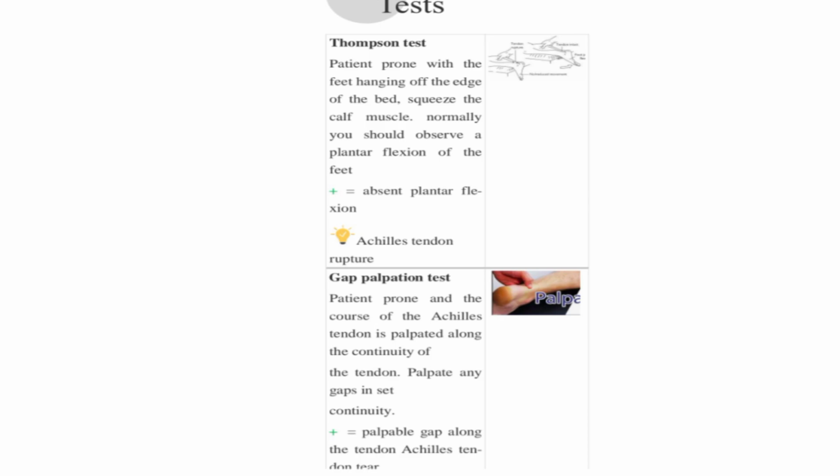We can do many tests to diagnose the Achilles tendon rupture. The first test that we do is the Thompson test. In this test, the patient is prone with the heel hanging off the edge of the bed, and the calf muscles are squeezed by the physiotherapist.